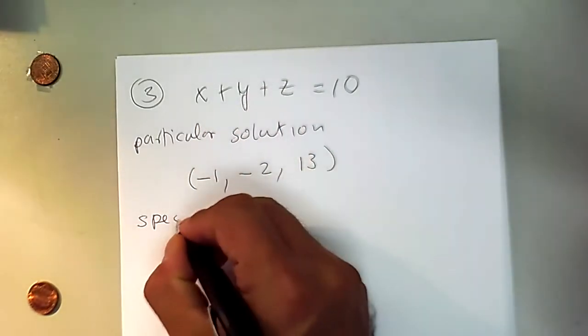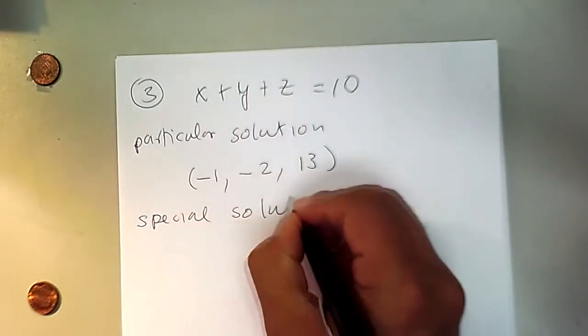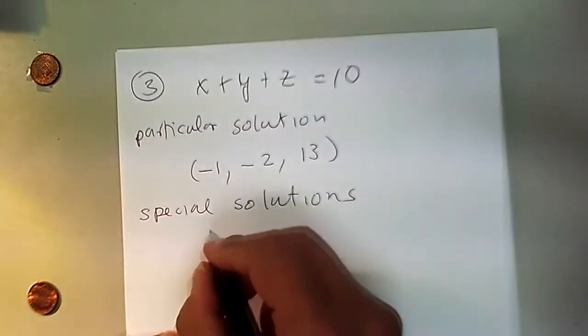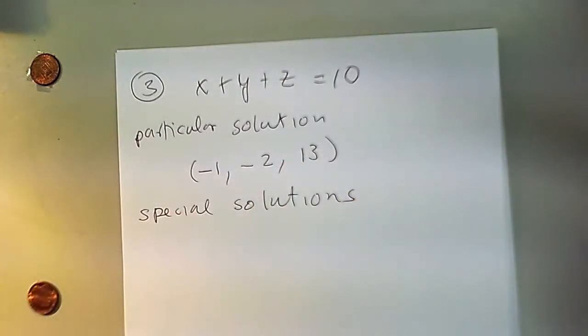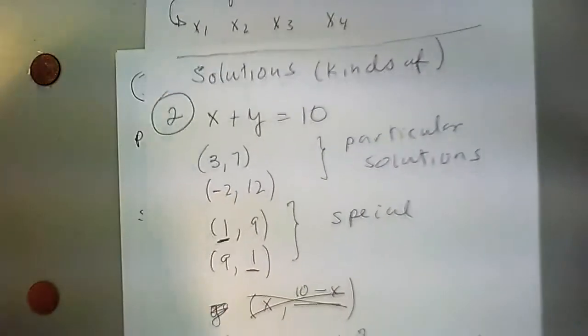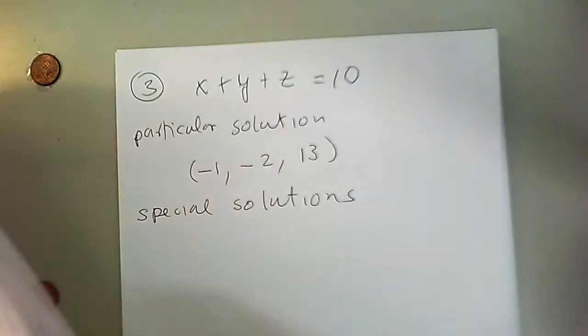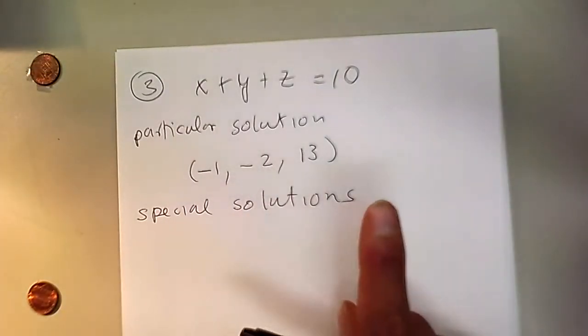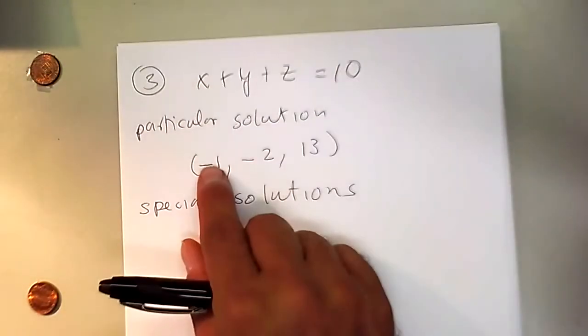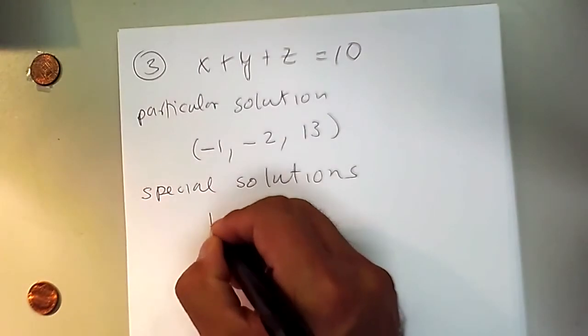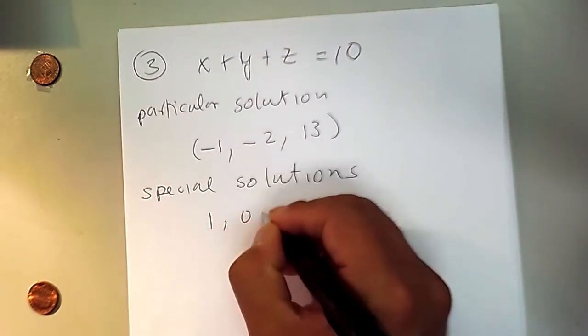But then we have special solutions. Back here in example 2, when we spoke about special solution, we have a 1. And you may think, oh, so we just need 1, 1. No, we want the free variables to be 1, 0, and 0, 1.